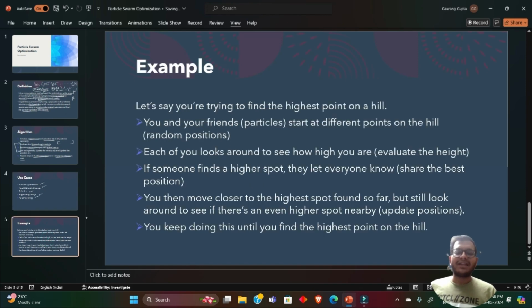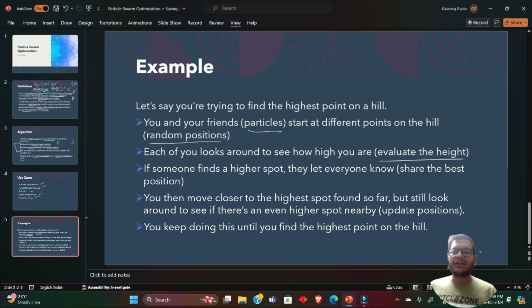Now, let's see another example so that you can understand this in a better way. Let's suppose you are given a problem that you and your friends have to find the highest point on a hill. So what you will do, you and your friends, who will be particles in this case, will start at different points on the hill. There will be random positions. Now each one of you will look around to see how high you are.